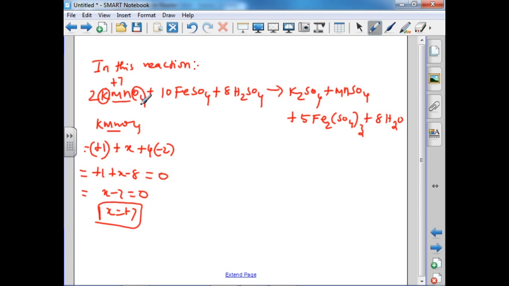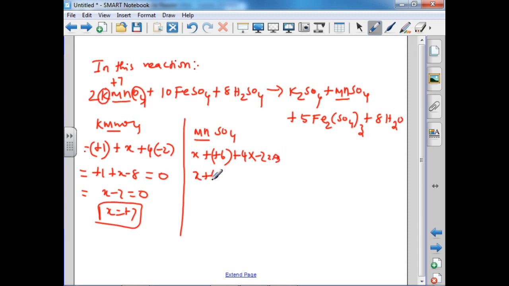See where the Mn is on the product side. Calculate the oxidation number of Mn in MnSO4. Mn as X plus sulfur, which is +6, that is one atom of sulfur, so 1 into 6 equals 6, plus 4 into the oxidation number of oxygen, -2. It is a neutral molecule, equal to 0.